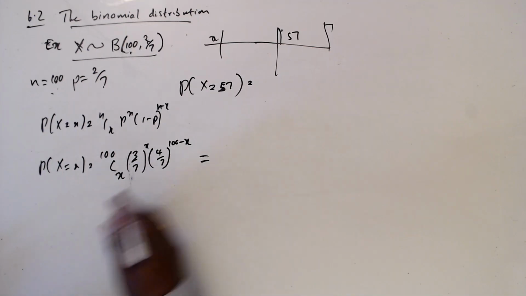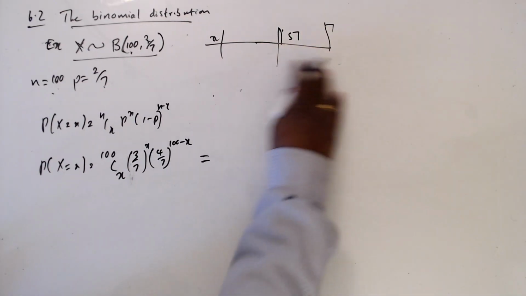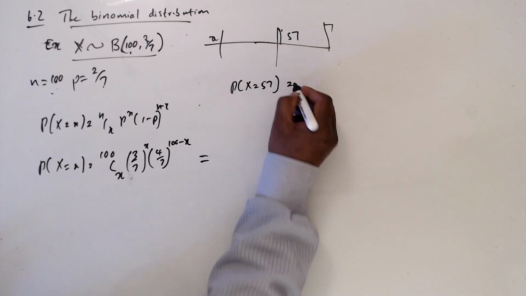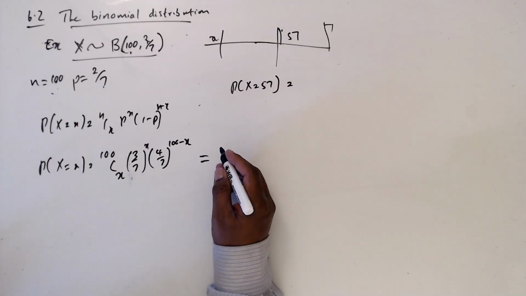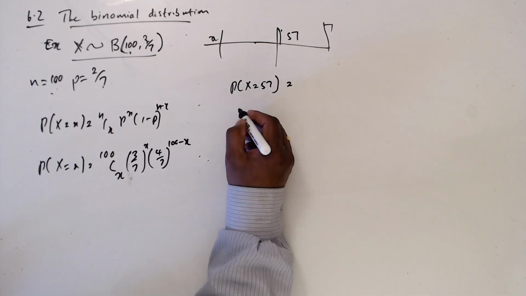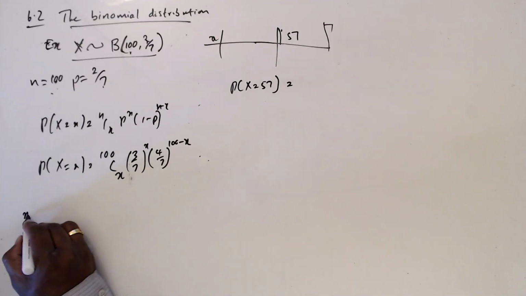Now I want to find the probability of x equal 57, 57 times getting head. So I want to put x equal 57.